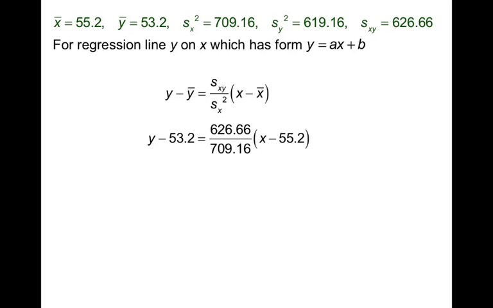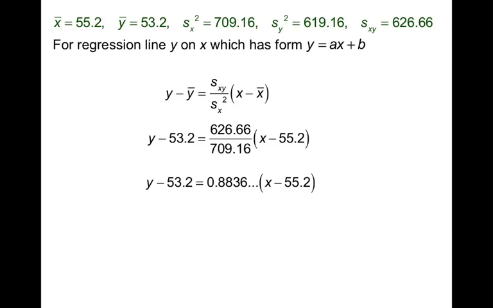So it's y minus 53.2 is equal to the covariance divided by the variance of x, okay, and x minus the mean of x.